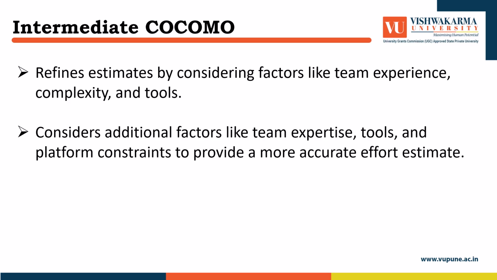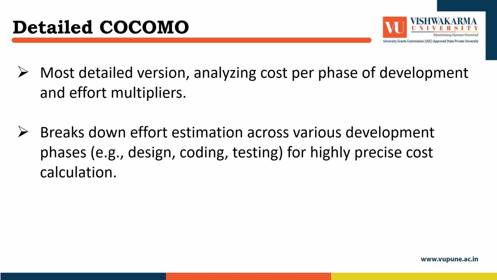It's more accurate than the basic model and suitable for medium-sized projects. Detailed COCOMO. The detailed model is the most comprehensive, offering phase-wise effort estimates. It provides the most precise result by taking into account specific characteristics of each phase of the development.